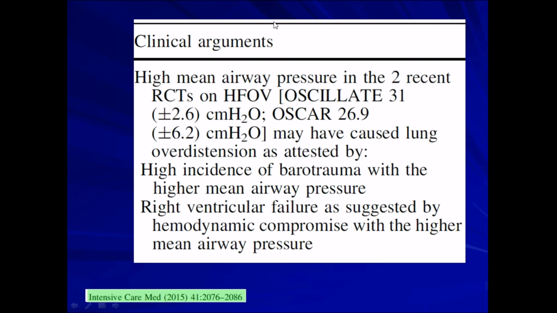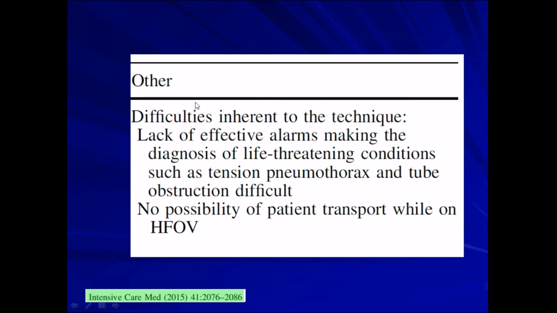What about clinical arguments? As we mentioned, the high mean airway pressure in the two recent trials, around 31 in the OSCILLATE and 26 in the OSCAR, may have caused lung overdistension, as attested by the high incidence of barotrauma with higher mean airway pressure, and right ventricular failure, as suggested by hemodynamic compromise with higher mean airway pressure. The other thing is the difficulties inherent to the technique, such as lack of effective alarms.